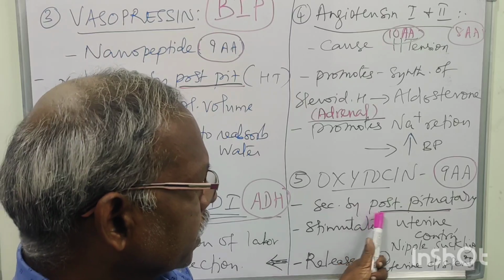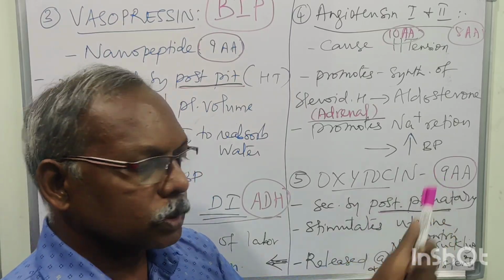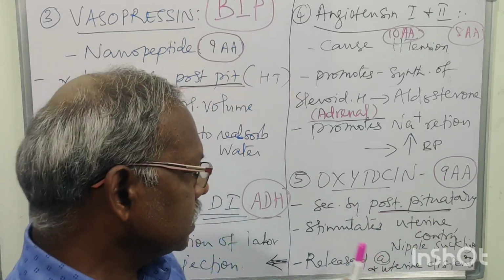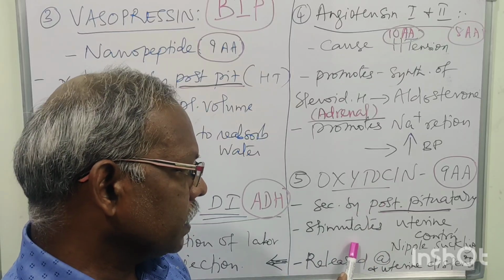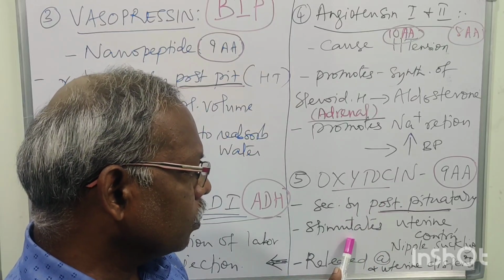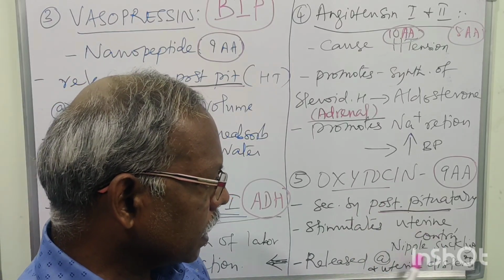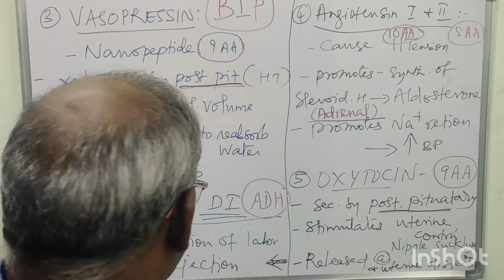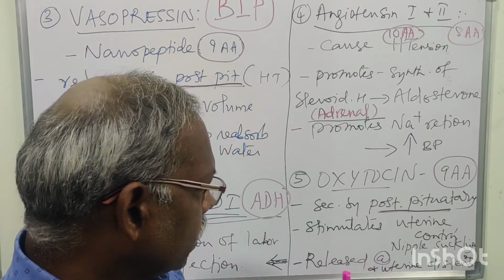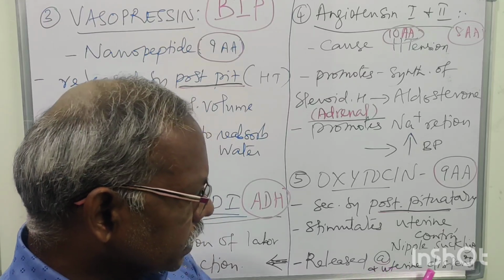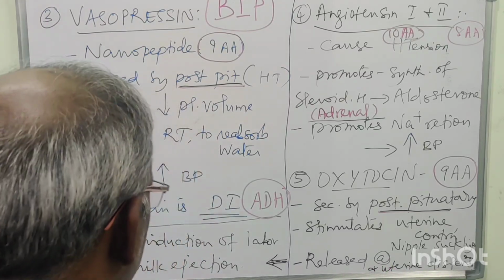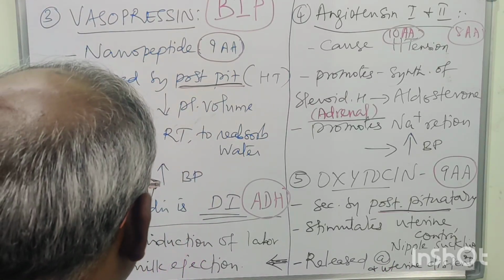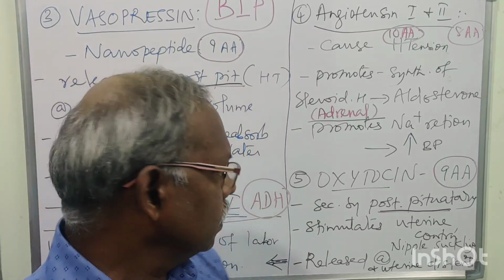Oxytocin is also secreted by the posterior pituitary. It is also a nonapeptide, 9 amino acids. You already know its functions: it stimulates uterine contraction and nipple sucking, that is milk ejection. It is released in situations of uterine distension and is useful in the induction of labor and milk ejection.